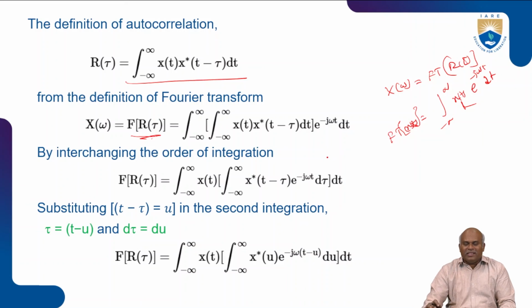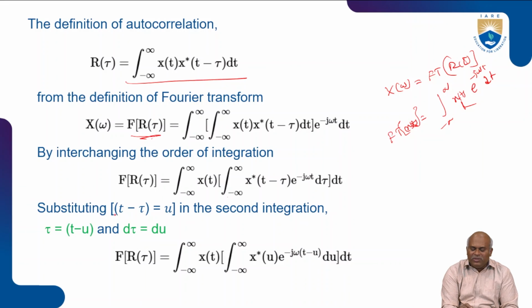Now on the right side, by interchanging the order of integration, the complex conjugate star term is taken out. Then the right side of the equation is the integration from minus infinity to plus infinity of x of t, times the integration from minus infinity to plus infinity of x star of t minus tau e power of minus j omega tau d tau dt.